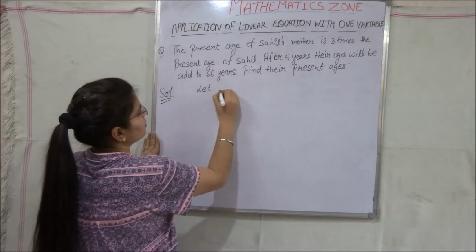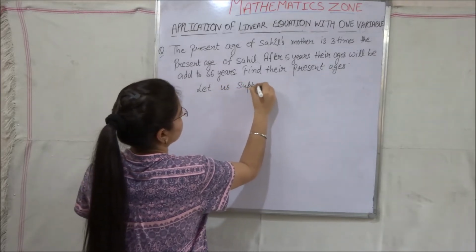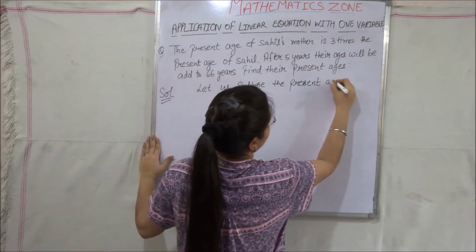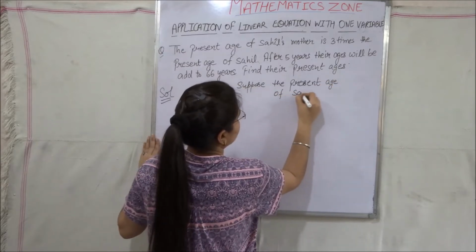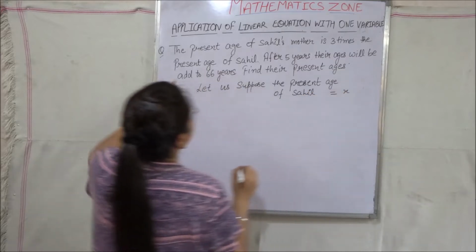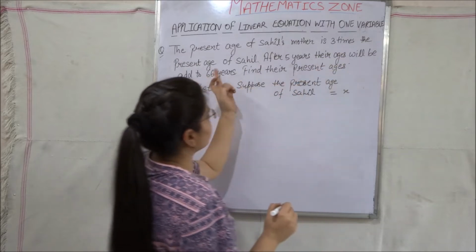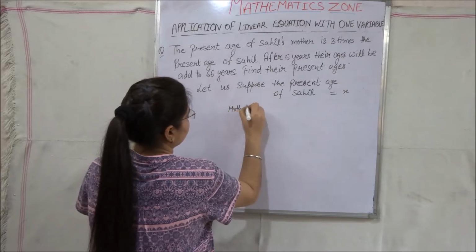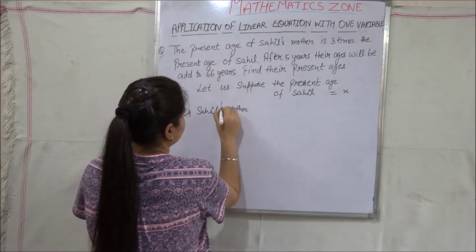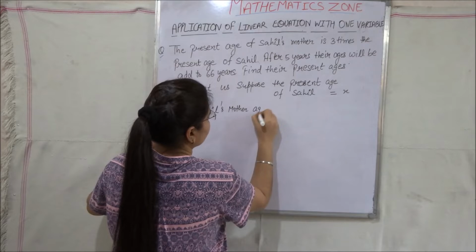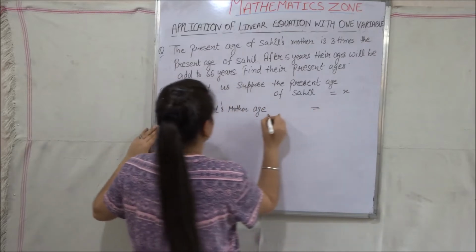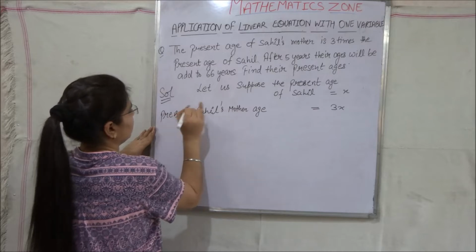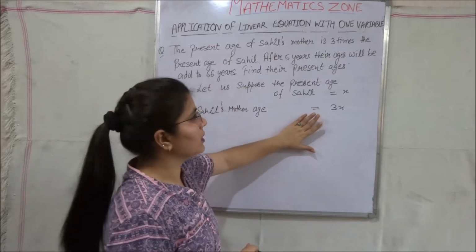The present age of Sahil's mother is 3 times the present age of Sahil. Now let us suppose the present age of Sahil is x. So the present age of Sahil's mother will be 3x.